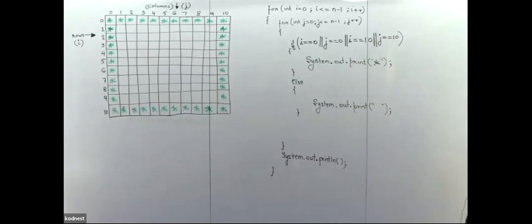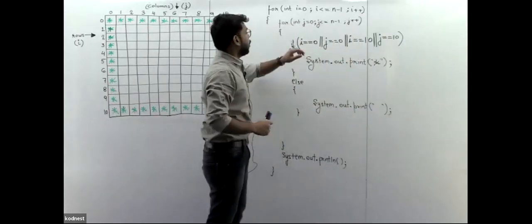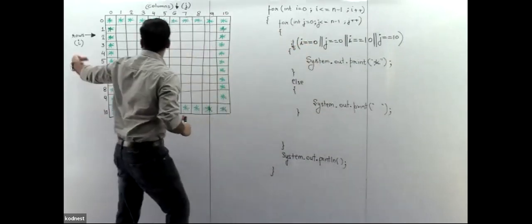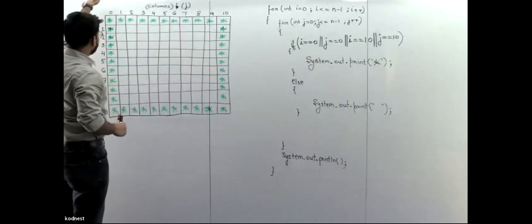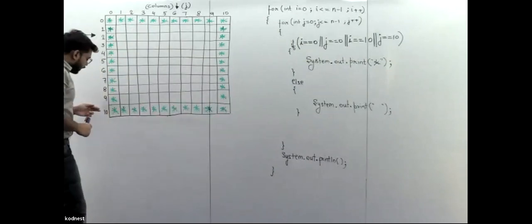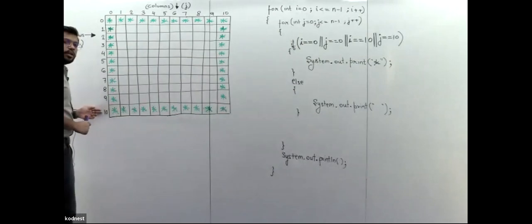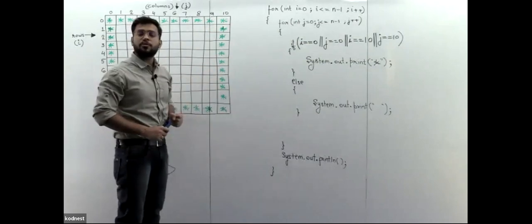So now, a few more conditions we have to change. See here. Whenever the i value is 0, I will print the star. When j value is 0, I will print the star. But now this value and this value will be changing according to the value of n.